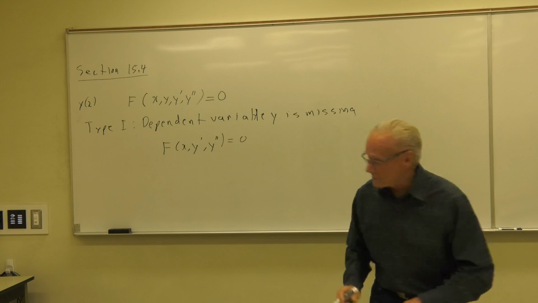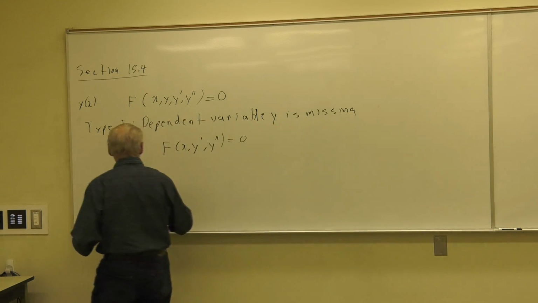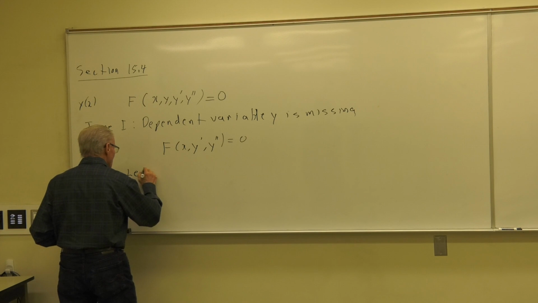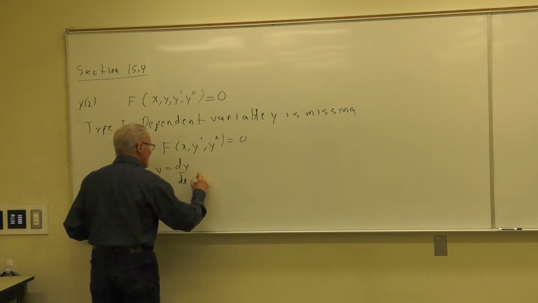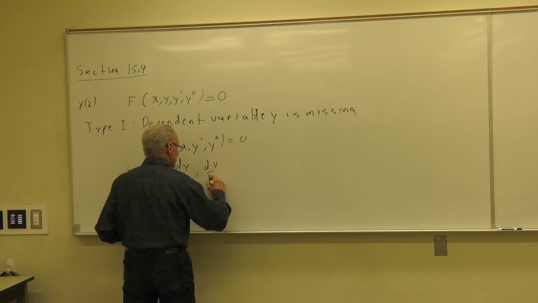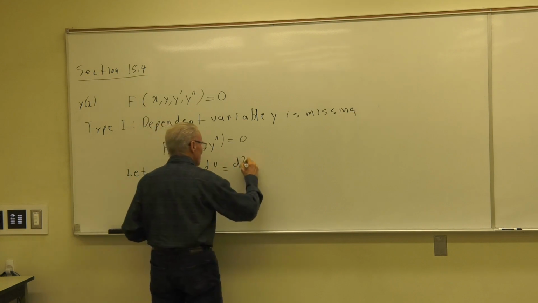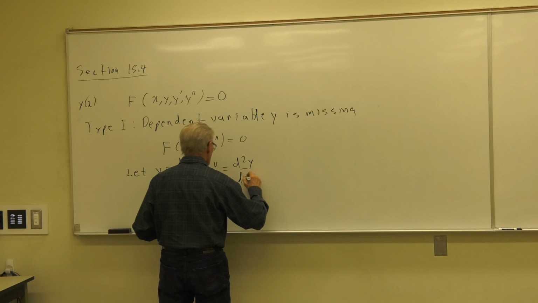So the technique is to do the following. If you see this situation, let v be equal to dy/dx, or y prime, and dv/dx to be equal to d squared y/dx squared, or y double prime.